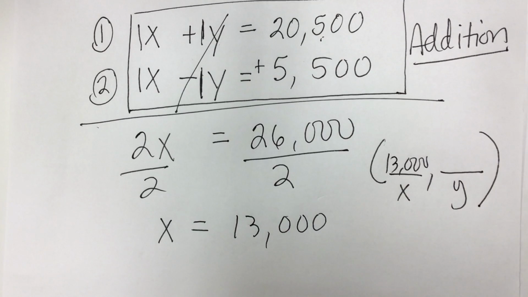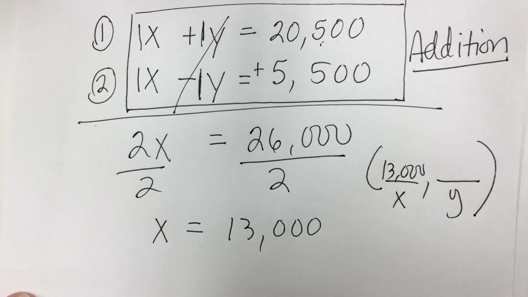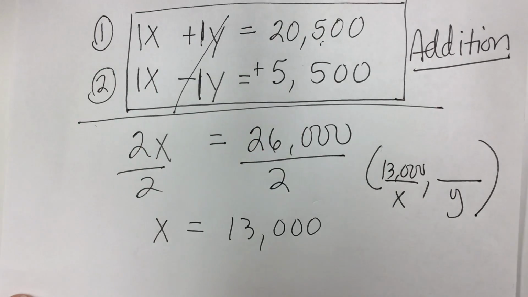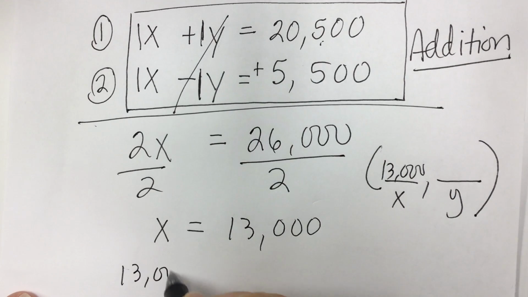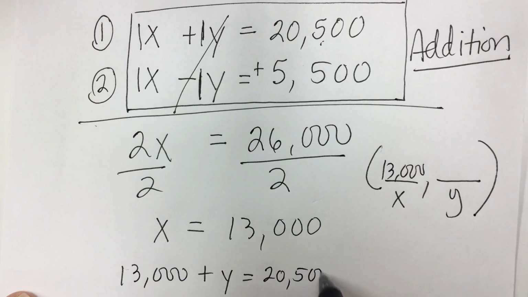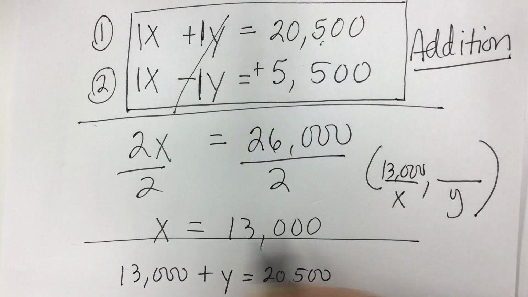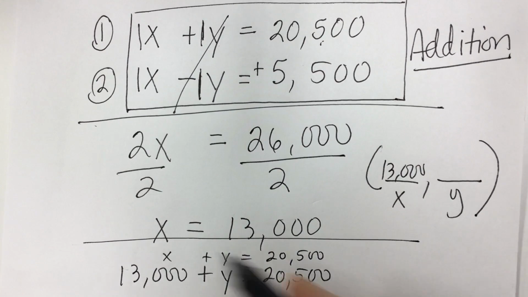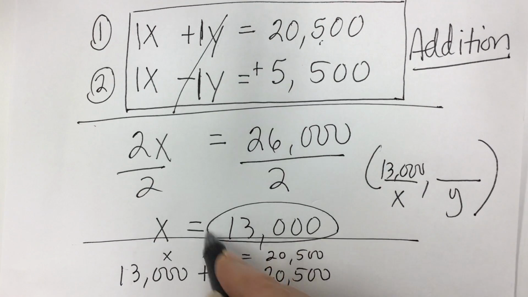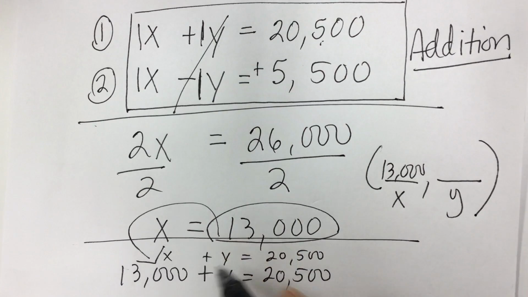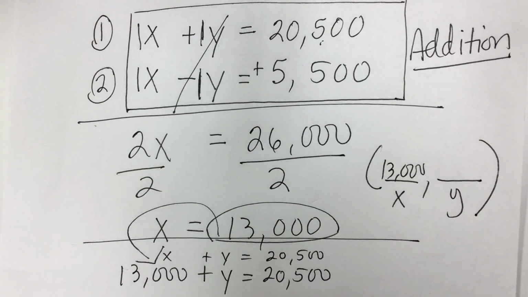Now what is y? To find y, we must substitute it back into one of the original equations. It does not matter which one. I'm going to substitute it back into the first one, x plus y equals 20,500. I'm taking what x is and plugging it in for x in the first equation.